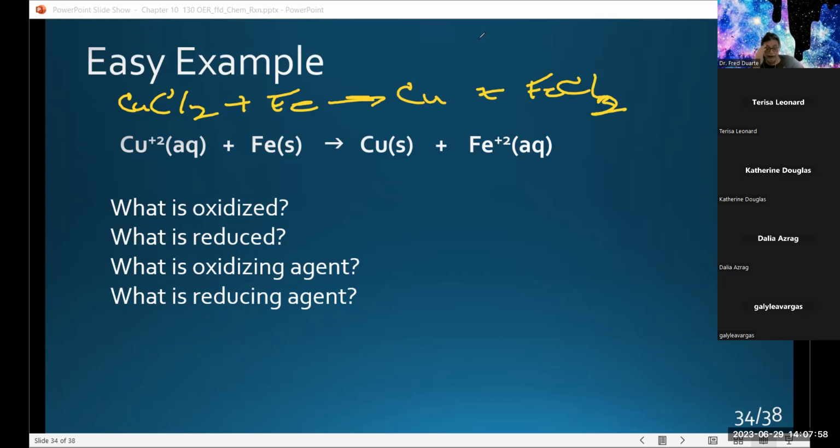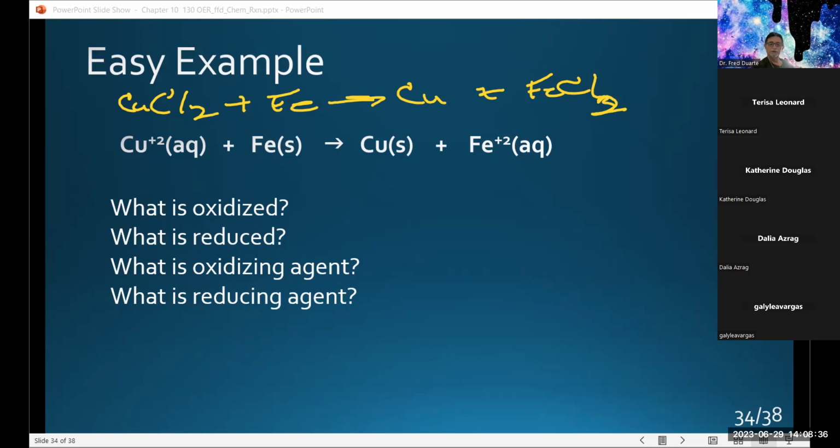Iron is not in ionic form, so the reaction proceeds, and there's an exchange between copper in ionic form and now copper in elemental form. So here's one way to produce copper metal if you have a lot of copper in solution: use iron. It will exchange position, and you can pull the copper out of the solution.